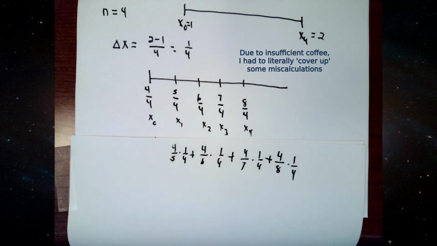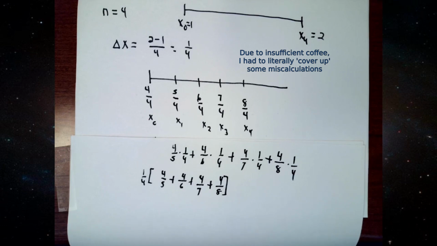An observant person will notice that every one of those terms has a factor of delta x in it, a factor of 1/4, so I might as well factor that out. Also, there's a factor of 4 inside the bracket in each term.